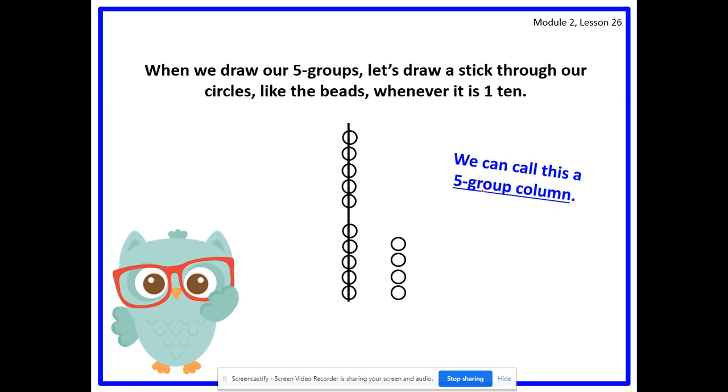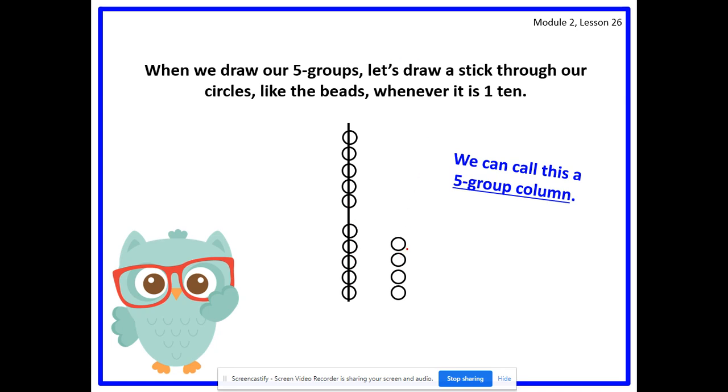So here we go. I drew one. These are my 10 beads and my 4 beads. Since we drew them in 5 groups going up, we have 5, 5 here, that makes 10, and 4, that makes 14. So from now on, to show 1 10, whenever it's a group of 10, you draw a line straight through just like this to show that this is 1 10.